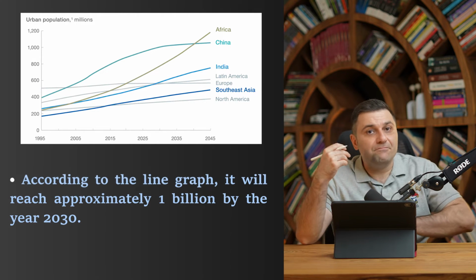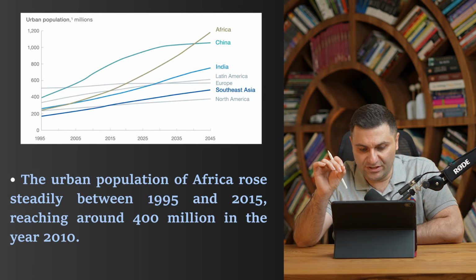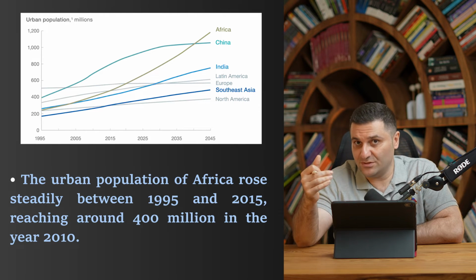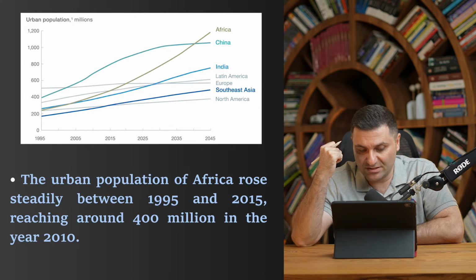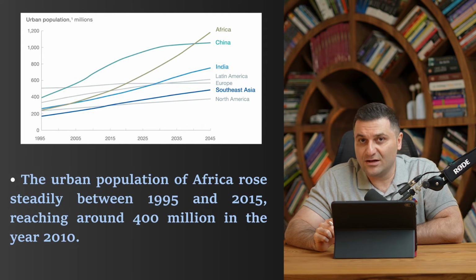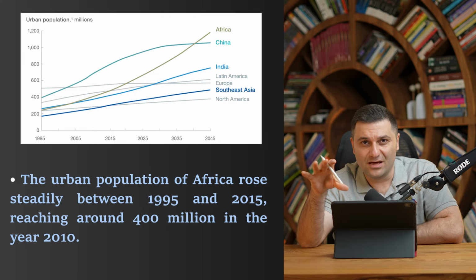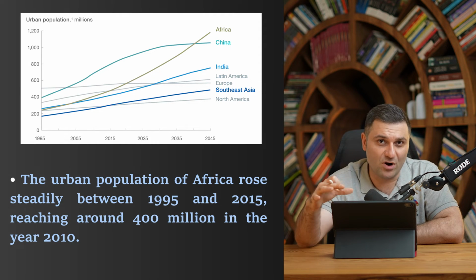Now let's make more sentences here. The urban population of Africa rose steadily, this is in the past tense, between 1995 and 2015, reaching around 400 million in the year 2010. So as you can see how I use a mixture of the structures we worked on in our previous parts here.